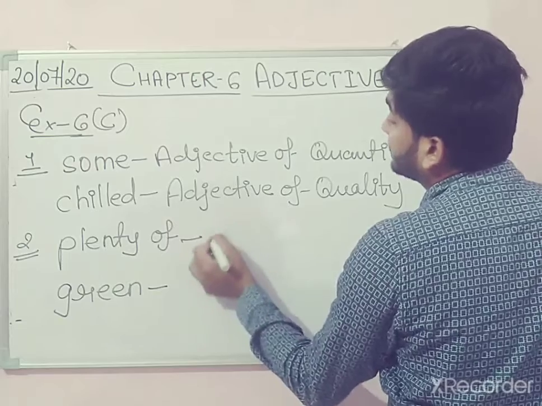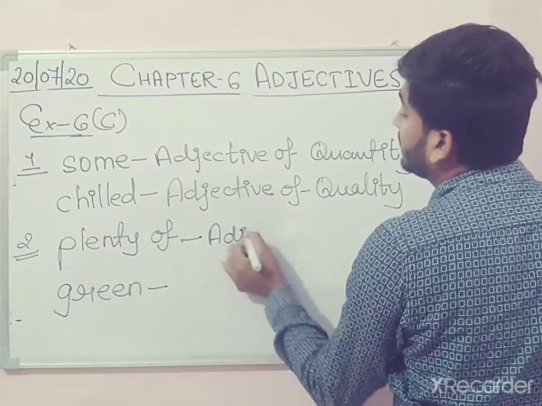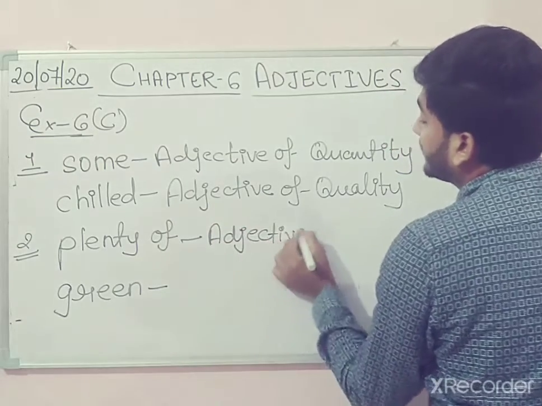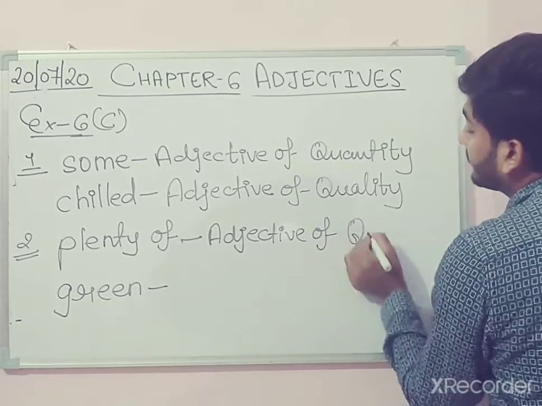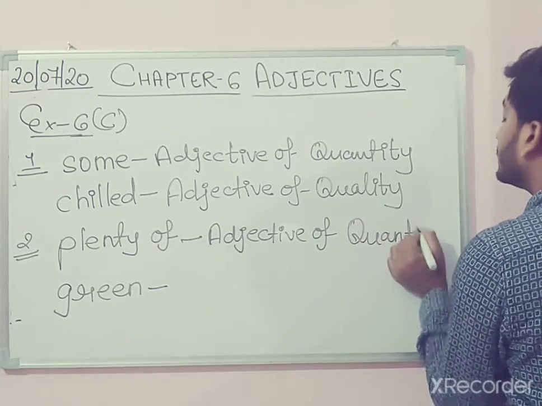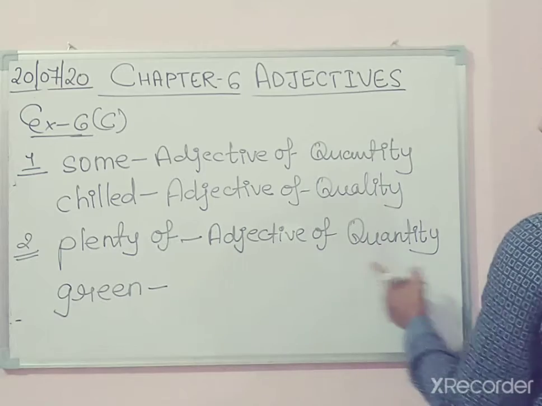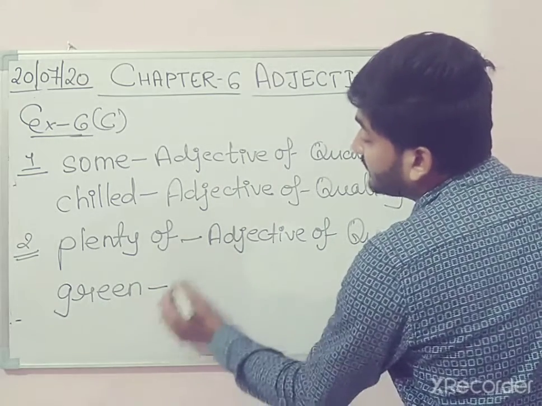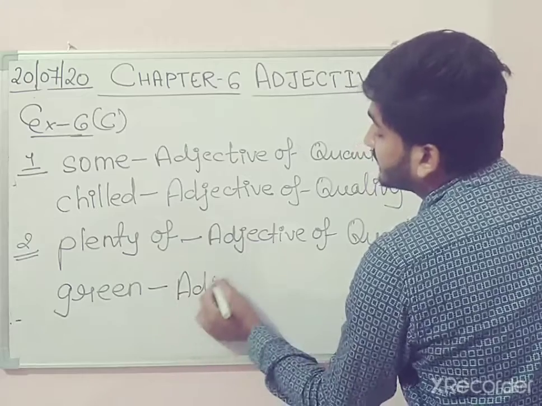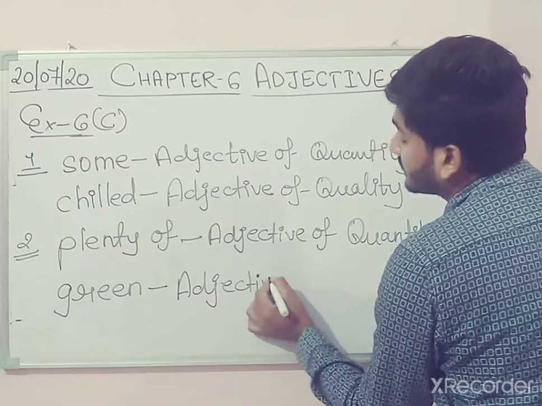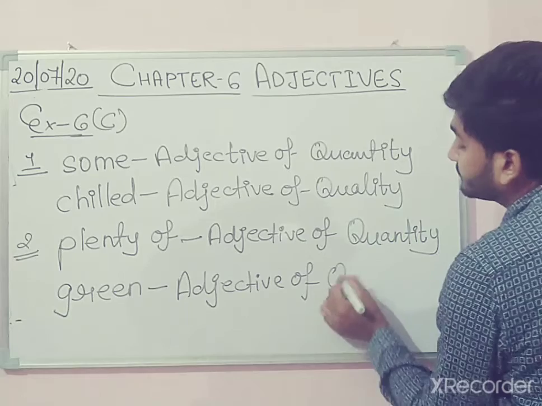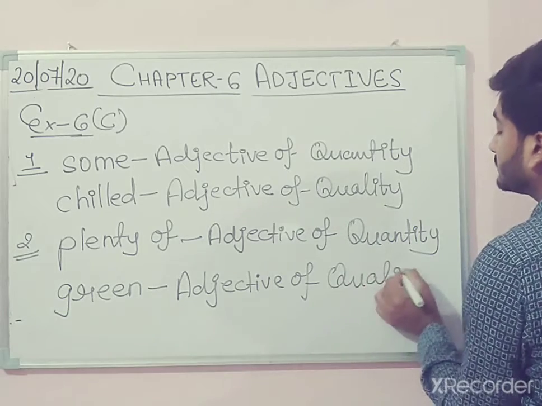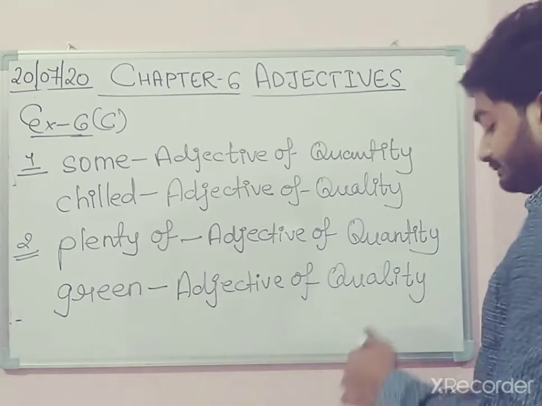Plenty of leaves. We cannot count leaves of a tree. Okay, exactly. So it will be adjective of quantity, which we use for uncountable noun. Quantity. And green is a quality. What kind of leaves? Green leaves. That's mean adjective of quality.